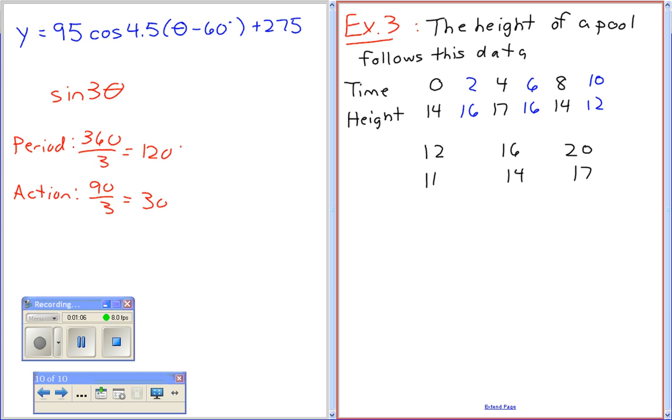So I just alternated colors there for you, just so you could get this. Okay, we're going to get it out of the way.